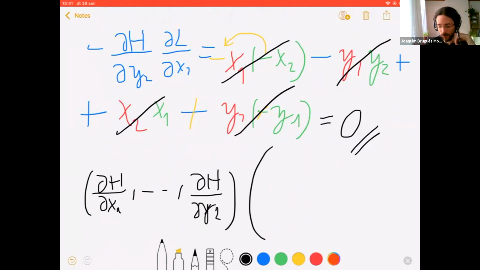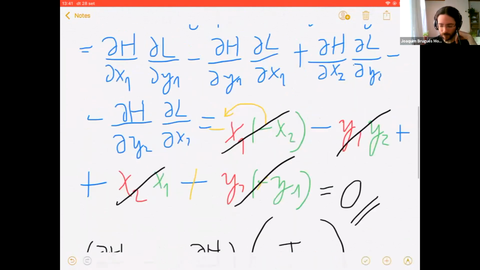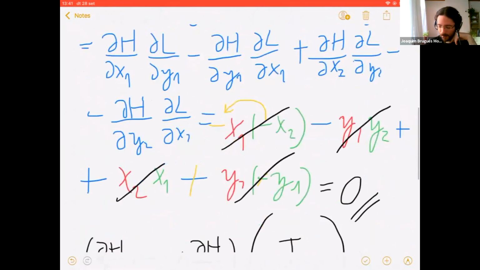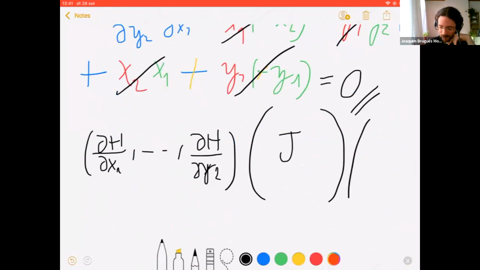Here you have your matrix. We call it J, which in the standard case is the one we wrote before, the zeros and identity and minus identity. And here you just add a column vector. So this is how you can generalize this for indeed any symplectic structure in this case.